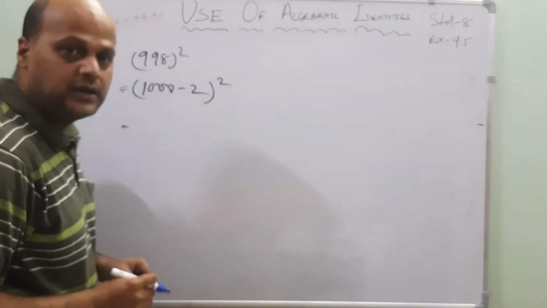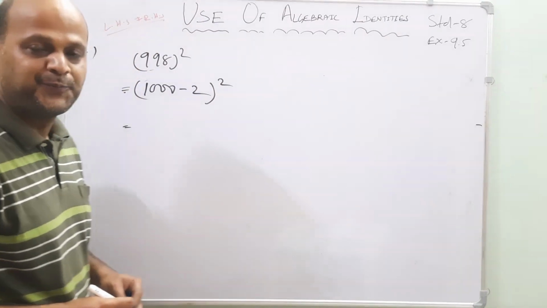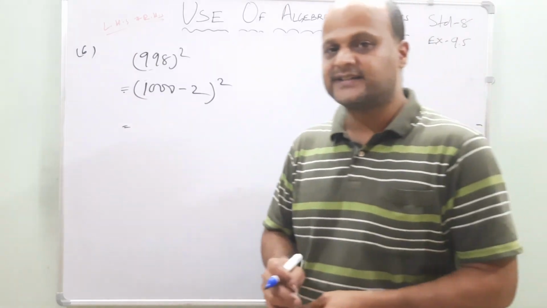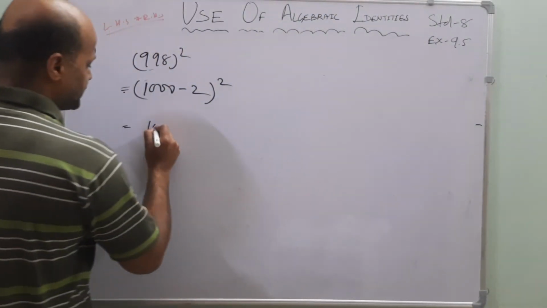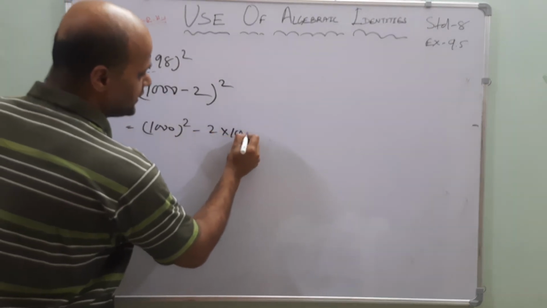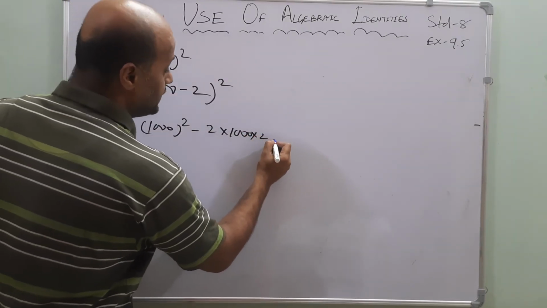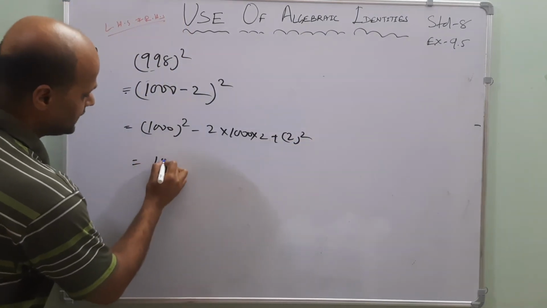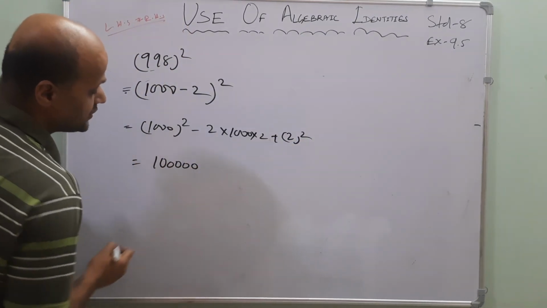Now A minus B whole square. Who will tell me? Yes, very good, Sirisa. It is A square, A square means 1000 square, minus 2 into 1000 into 2, plus 2 square. 1000 square means how many zeros?